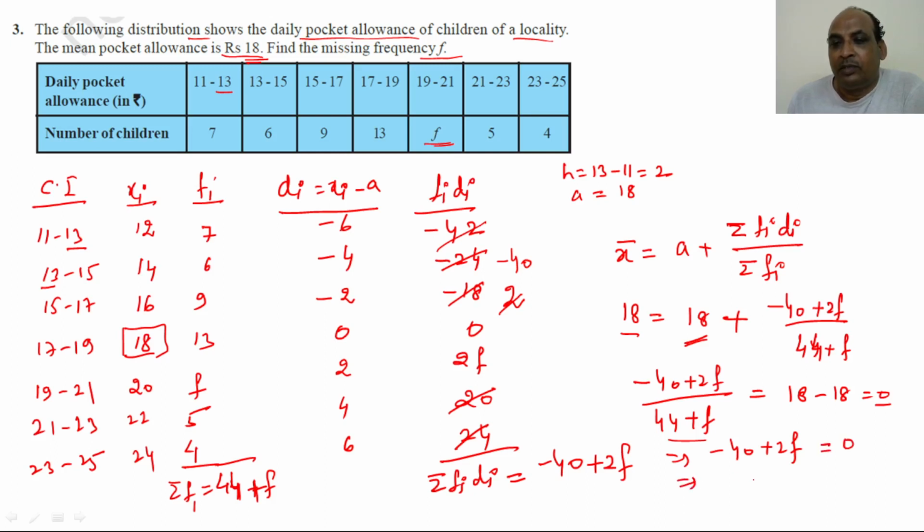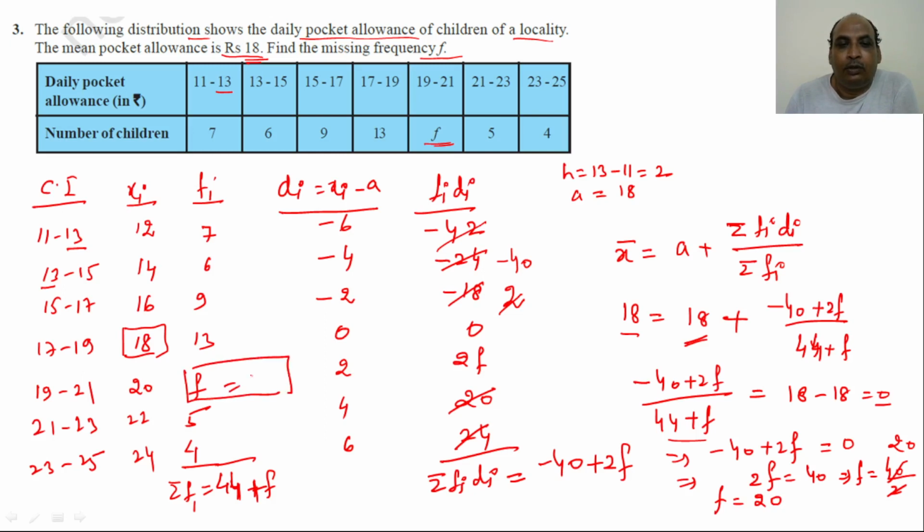So 2f is equal to 40 and f is equal to 40 divided by 2, that is 20. So f is equal to 20.